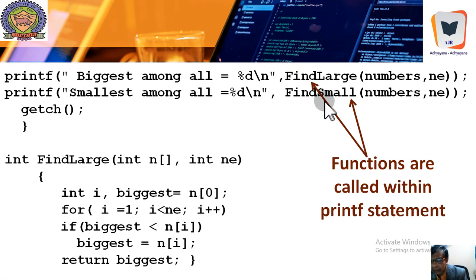Anyway, the BODMAS rule is applied over here. This will be first executed with these parameters, and whatever value is gotten from the returned value of this find large will be printed over here. In the same token, a similar thing will be done with this printf statement also.